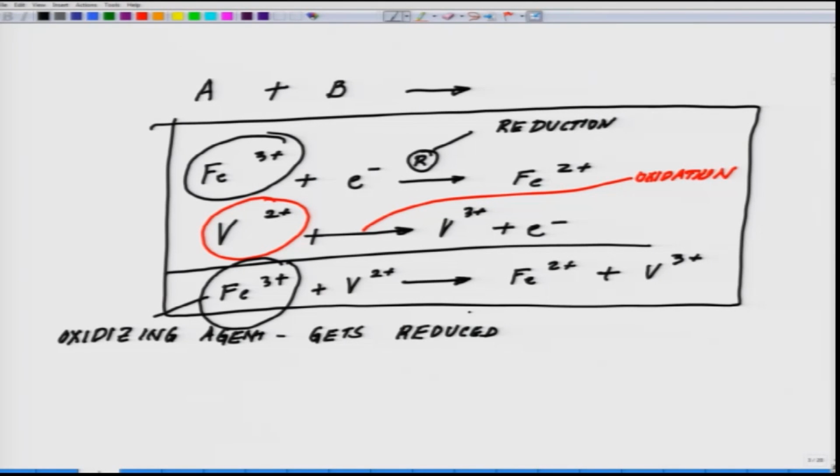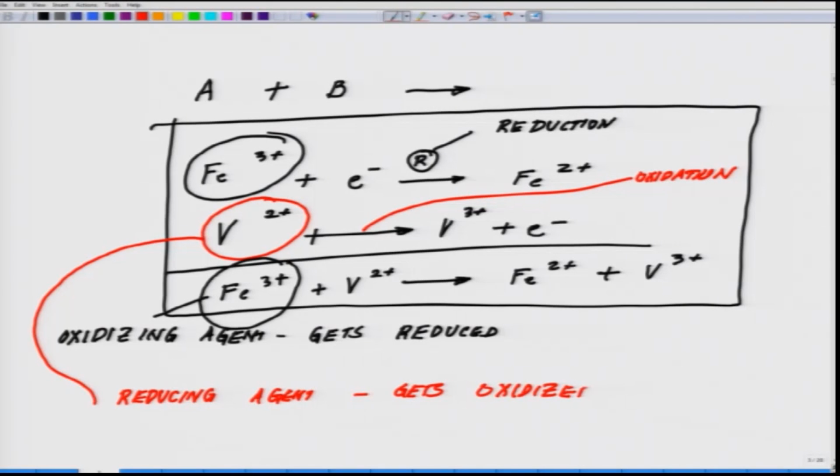Similarly, you have the next one, vanadium, which is a reducing agent and gets oxidized. Just remember this basic concept all throughout.